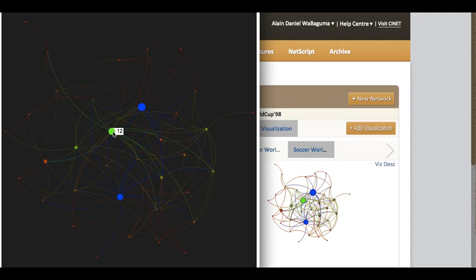Oh, I also need to do a couple more things. So these here, by their size, represent betweenness centrality.